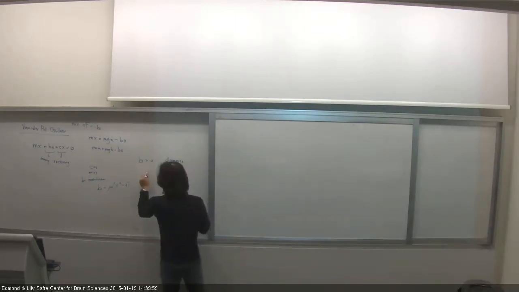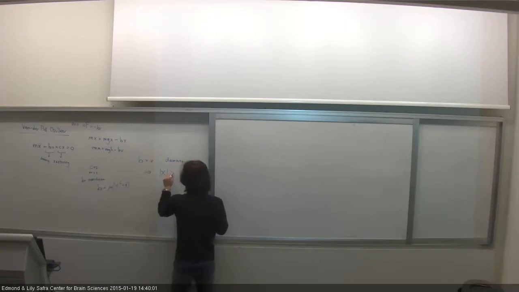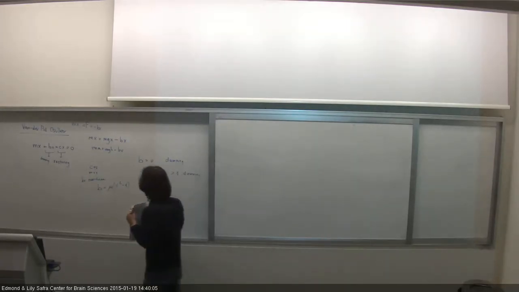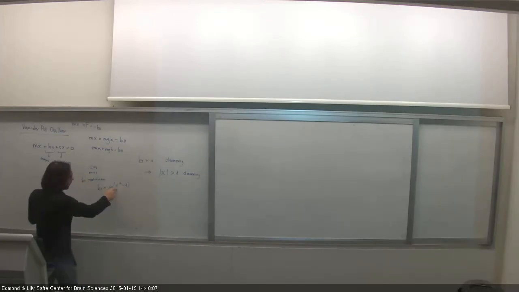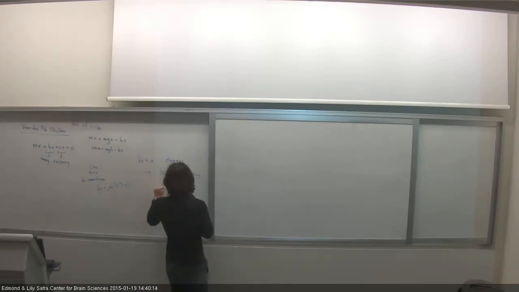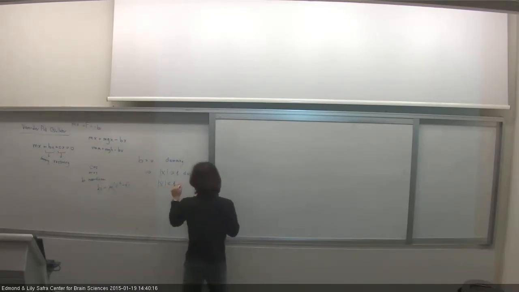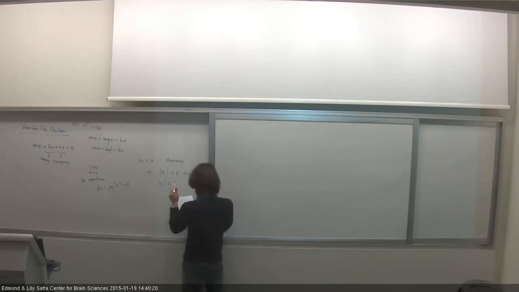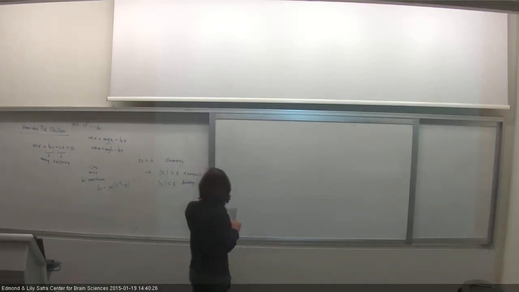So you see that if we have x larger than 1 in absolute value, we would have damping. And if we have x smaller than 1 in absolute value, we would have, let's call it driving. So it's not the b, it's the x?